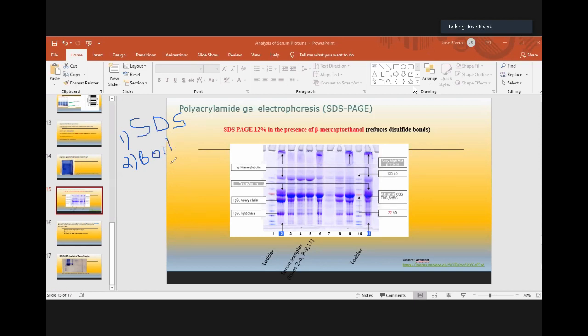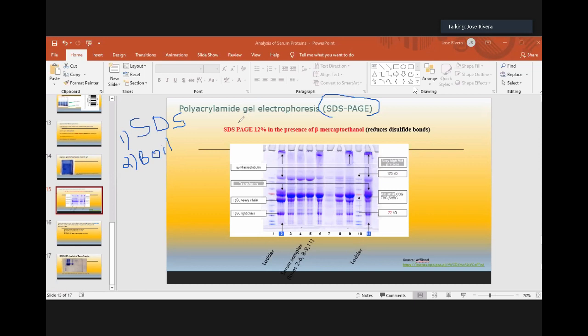This gel we buy, so it's more standardized and the bands tend to migrate better. That's another thing about native gels: they don't run as well as gels that are denatured. In SDS-PAGE, the method uses polyacrylamide.